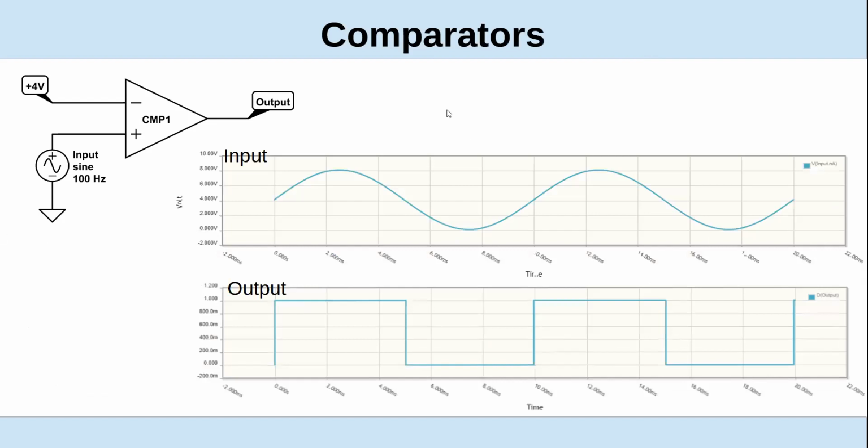We also have comparators where we compare two analog values and generate a binary output, a 1 or a 0, depending on whether it's above or below the comparator. You see that a lot in switching power regulators and things where they're comparing a value.